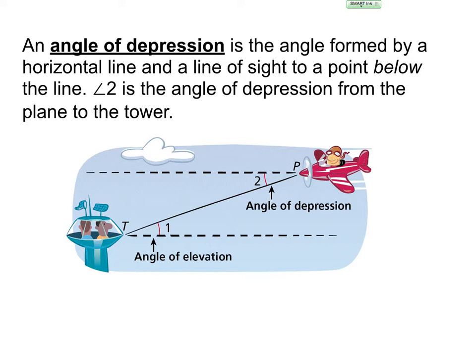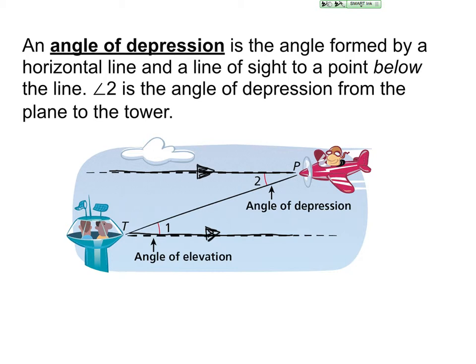Now, thinking about the fact that we mentioned horizontals twice, wouldn't this dashed line end up parallel to this dashed line? We referred to both of those as having to be horizontal. So then this line of sight that we've got drawn in there can be thought of as a transversal. So angle 1 and angle 2 are alternate interior angles that would always be congruent.